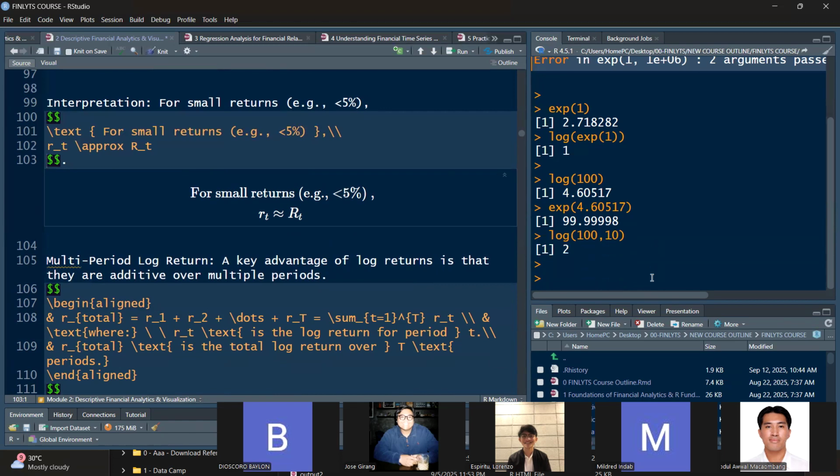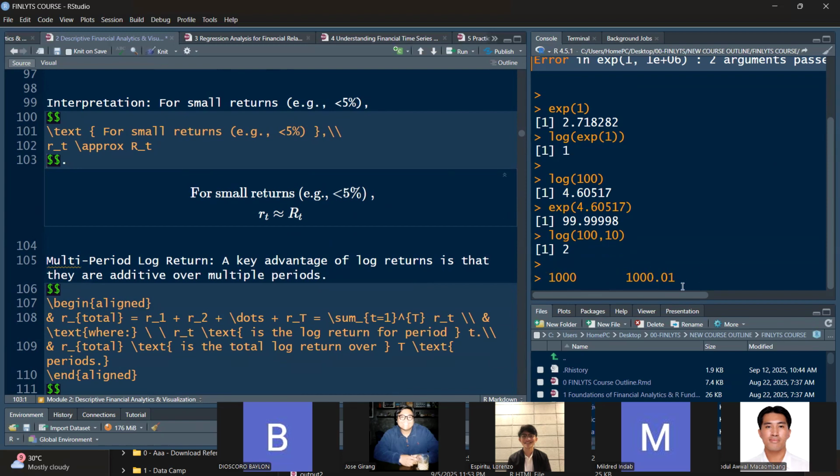Let's put an example. Stock price at 1,000, and then it became 1,000.01.